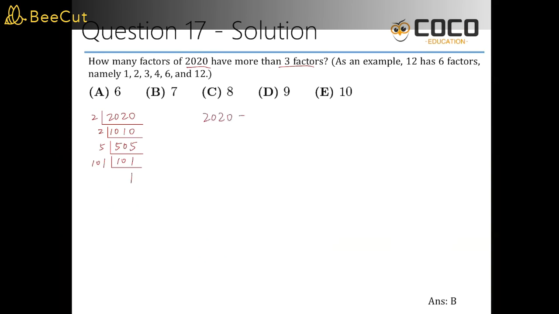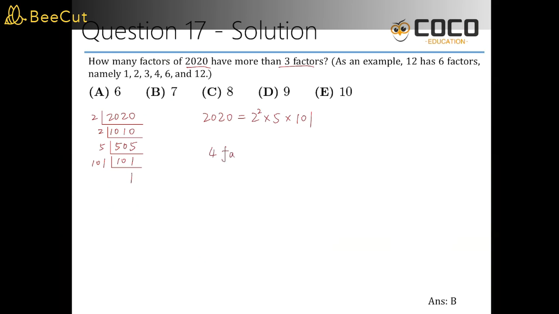So factorizing this number, we get 2020 equals 2 squared times 5 times 101. They're looking for the factors that have more than 3 factors.